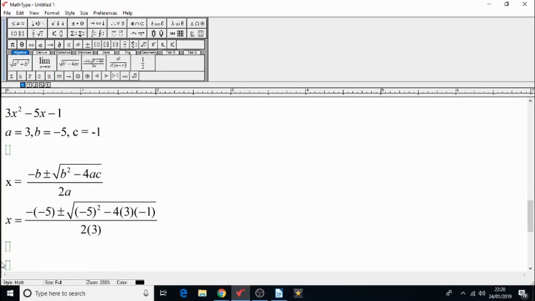So now we can condense it, we can simplify it. So minus b is the same as writing 5. So 25 plus or minus 5 squared, the same as writing 25, minus 4 multiplied by 3 multiplied by minus 1. So that'll be minus 12 multiplied by minus 1, so that'll be plus 12.